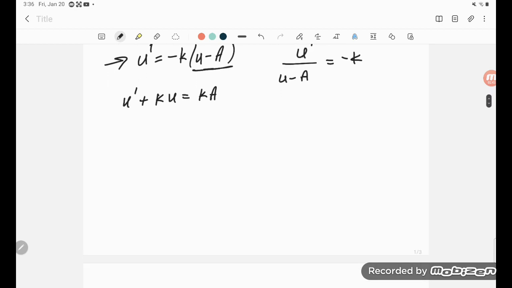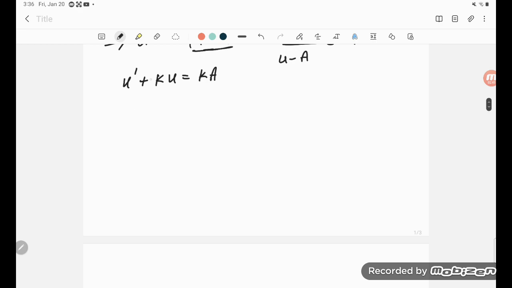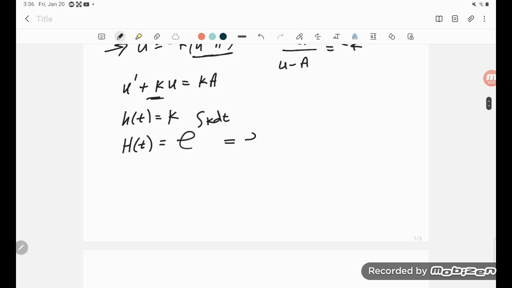Okay. All right, so with our integrating factor, as I look at this, I see that my h of t is equal to k, the constant k, and so my uppercase H of t is e to the antiderivative of k dt, and so that's just e to the kt. Now, what I do again is I multiply both sides of the equation by H. So I'll get KHU equals KAH.